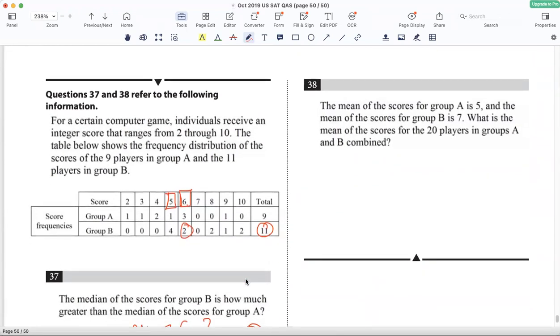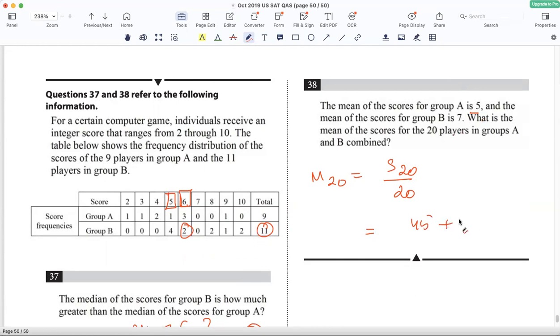The mean of the scores for Group A is 5 and the mean of the scores for Group B is 7. What is the mean of the scores for the 20 players in Groups A and B? Okay, so the mean of the 20 will be the sum for the 20 divided by 20. So mean for Group A is 5, so 5 into 9, 45.